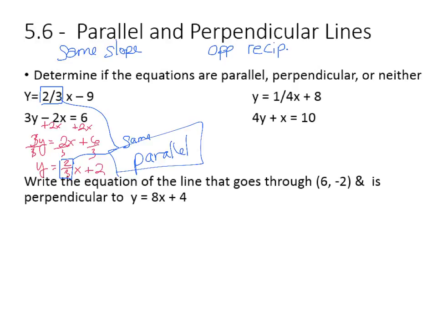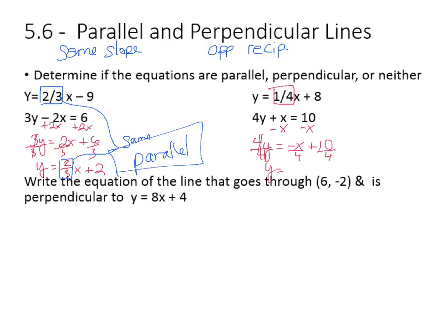Okay, let's try one more time. Again, the first one is in slope-intercept form, so I know the slope is 1/4. The second one, I'm going to have to put in slope-intercept form. Move the x to the other side. Divide everything by 4.